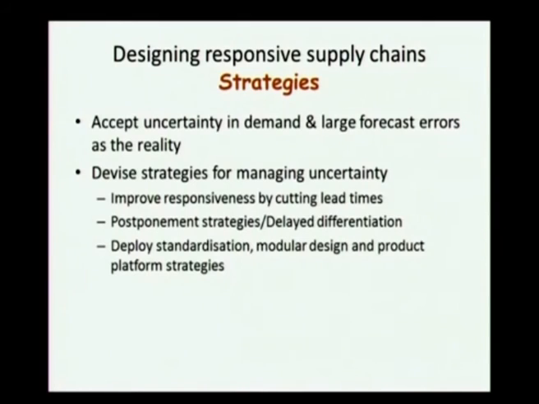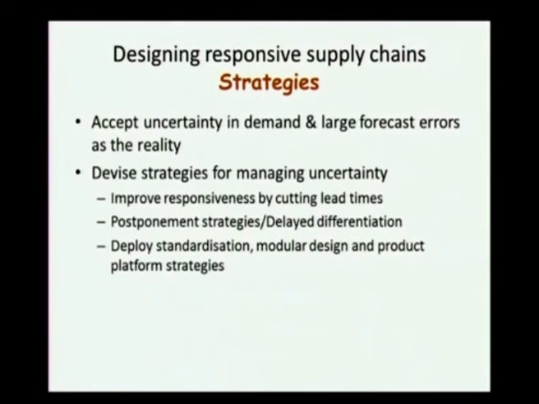So we need to accept this and then devise systems which will take care of these, which also implies that there would be slightly higher inventory in these kind of systems to the extent possible, and because the profit margins are higher, the overall profits can be increased even if the amount of inventory is a little high.